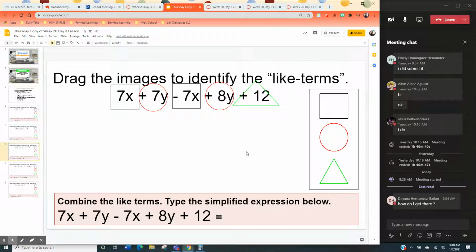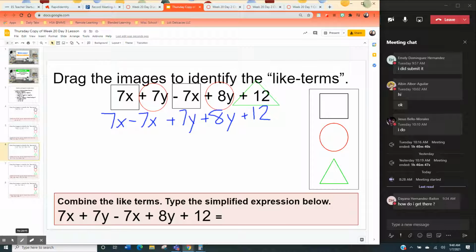So I'm going to rewrite it. So I have 7x minus 7x plus 7y plus 8y plus 12. So 7x minus 7x.